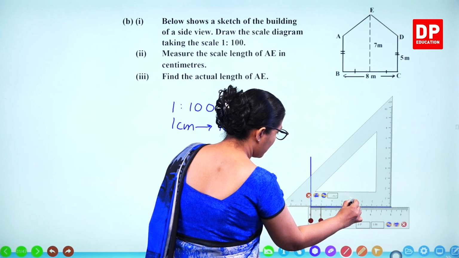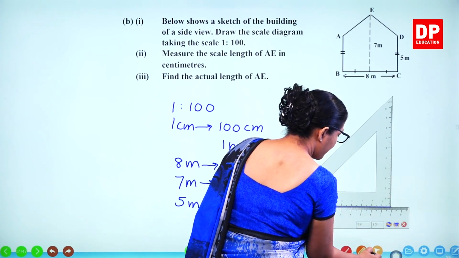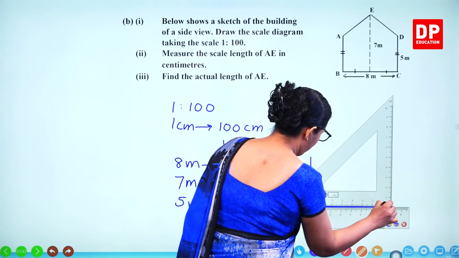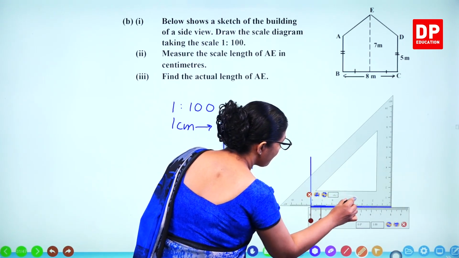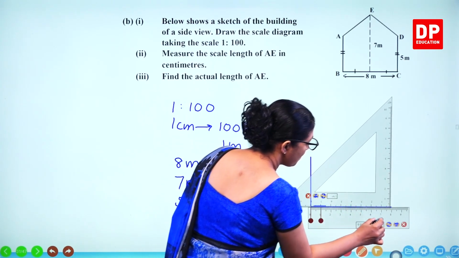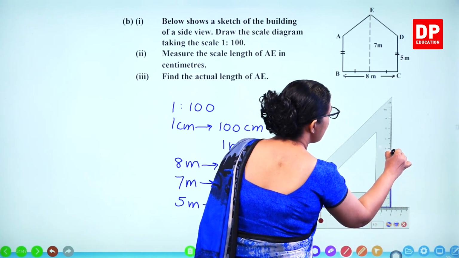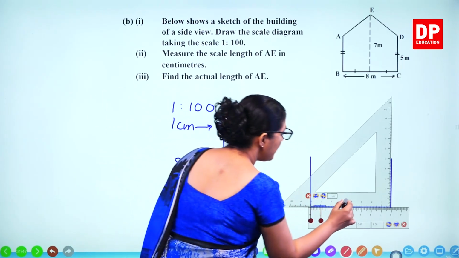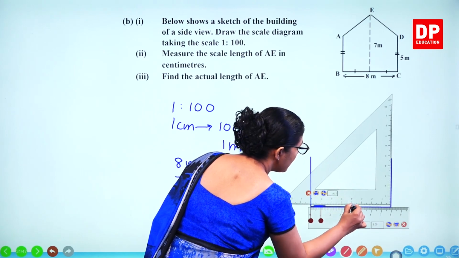So I'll keep 8 here and then mark 0 here. So again 5 centimeter length, and then we have to mark 4 centimeters as well. So we'll put a tick here.